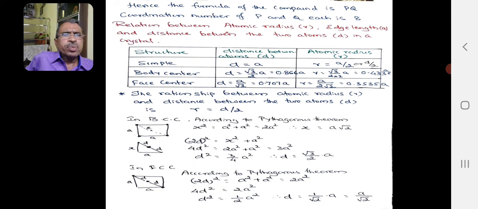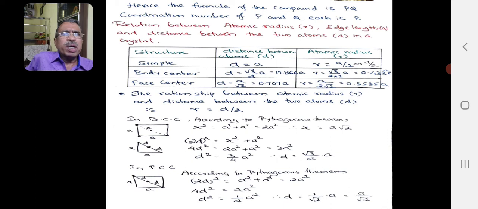And the atomic radius r is equal to root 3 by 2 into 2 into a, that's equal to 0.433 into a. Coming to the face-centered cubic structure, here the d is a upon root 2, that's equal to 0.707 into a, and radius is a upon 2 root 2, that's equal to 0.3535 into a.